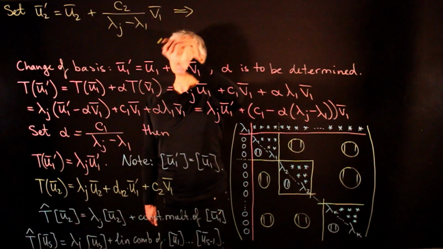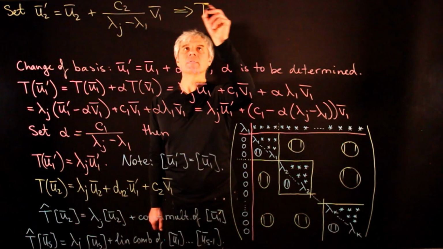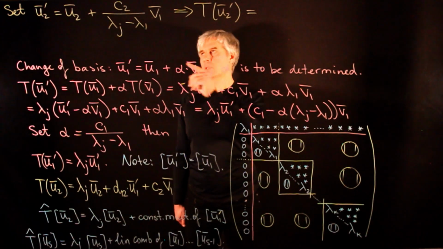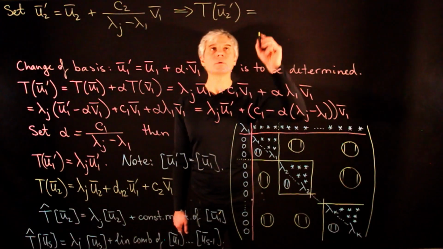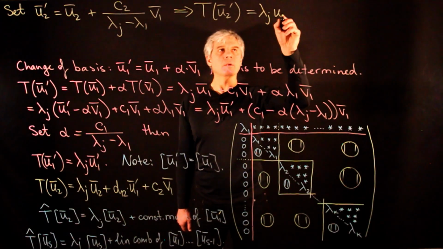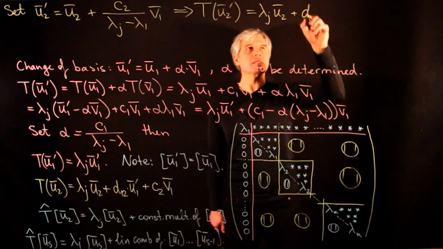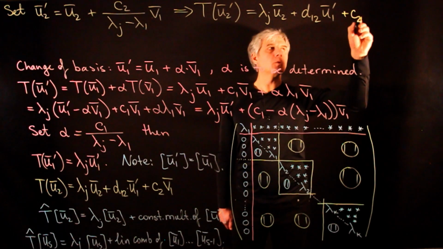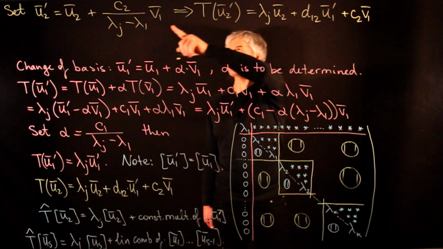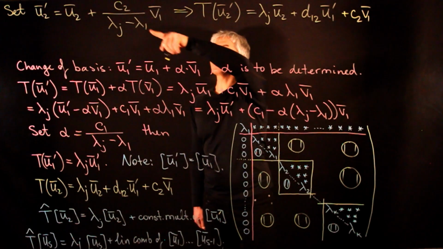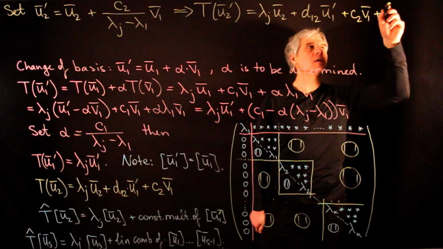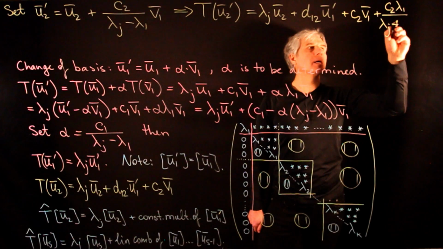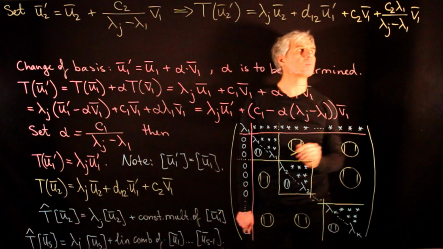Let us compute the action of T on this new vector. So T acting on u2 prime is equal to T acting on u2, so that is lambda j u2 plus d12 u1 prime plus c2 v1, and plus T acting on this. So we have plus c2 lambda 1 over lambda j minus lambda 1 times v1.